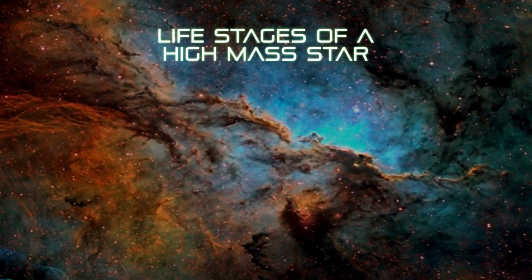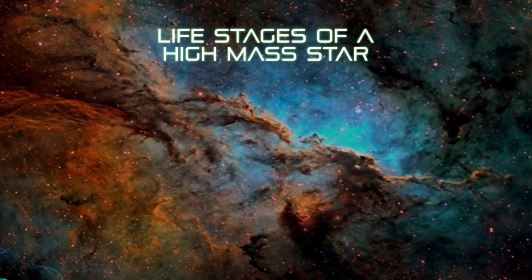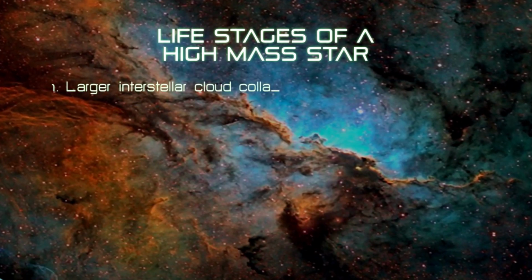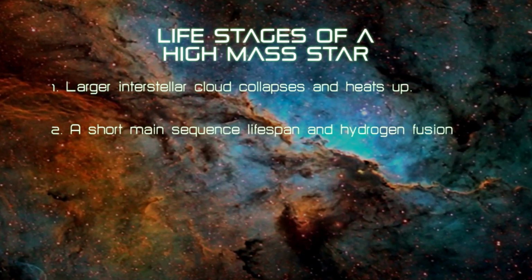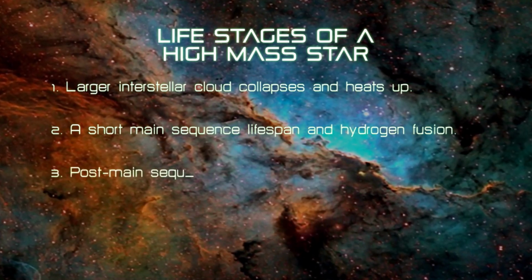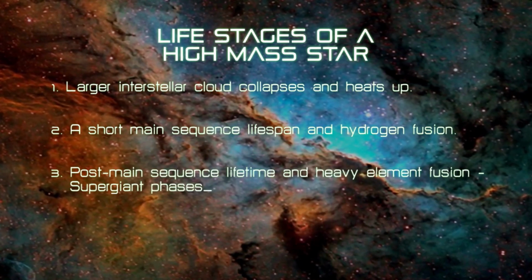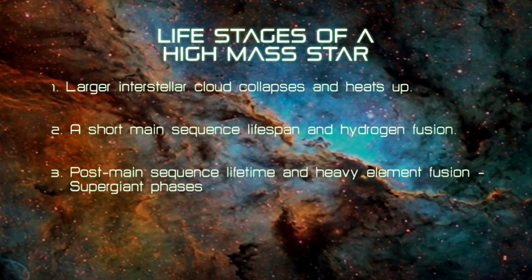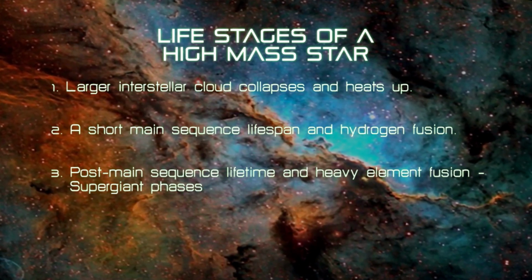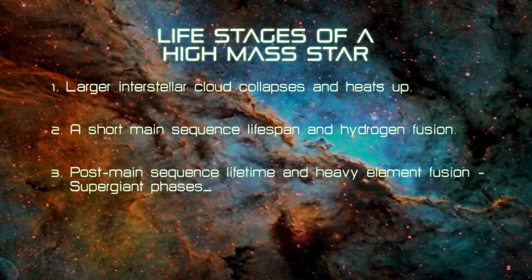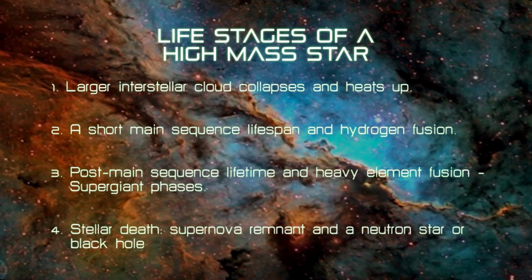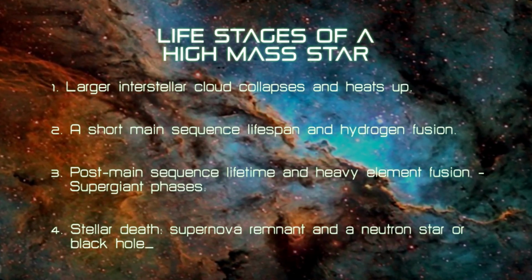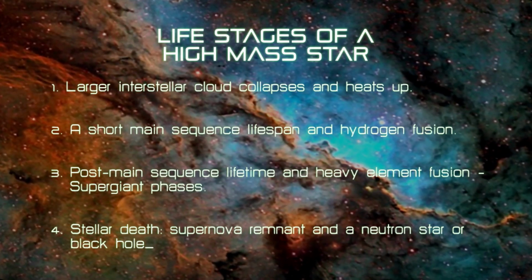The difference in a high mass star is going to come into the rate at which fusion takes place, the overall main sequence lifespan of a high mass star, the post-main sequence lifespan, and the advanced fusion of heavier elements, and how a star that is a higher mass star than our sun will ultimately end, and what kind of amazing death throes it has in store.